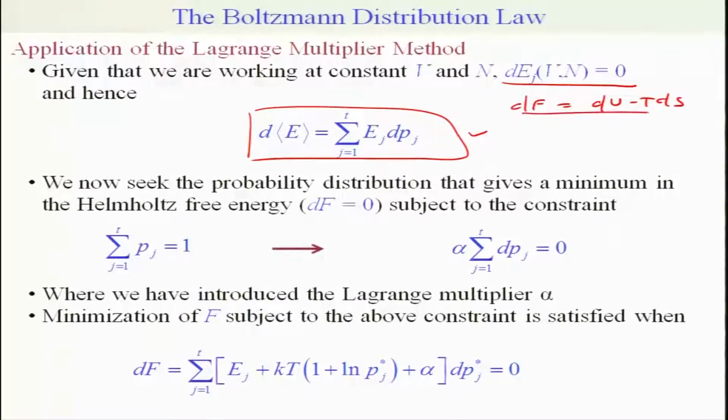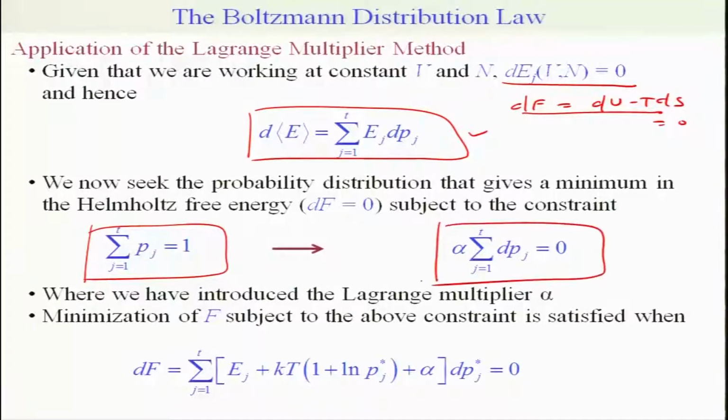Now, this is the function we are trying to minimize. We also need to understand that we have a constraint, which is something we have done earlier also. We have to minimize this function subject to the constraint here. So, we are going to put alpha times dp equal to 0.